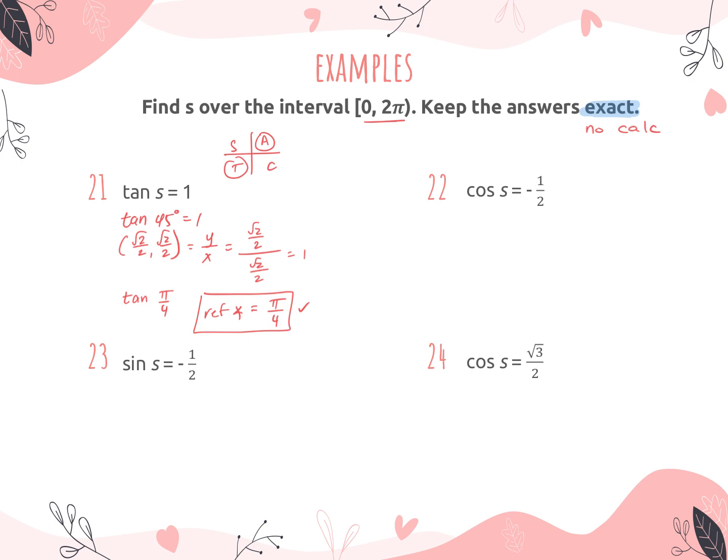The other one is in the third quadrant, and for that one, I know that it's going to be pi plus pi over 4, and I know that 4 pi over 4 is the same as pi, so plus pi over 4, and that's 5 pi over 4. So using the unit circle, I know that I have two angle measures, pi over 4 in quadrant 1 and 5 pi over 4 in quadrant 3, that have a tangent of 1.